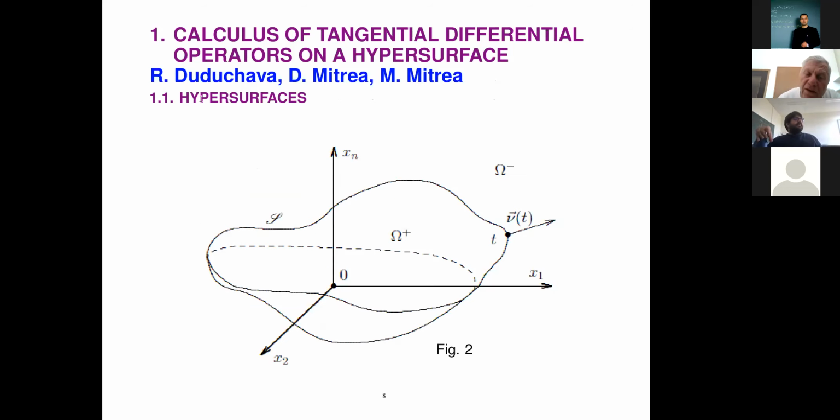Here we are. We have some surface S in three-dimensional space, and we have a normal vector field to this surface, nu.